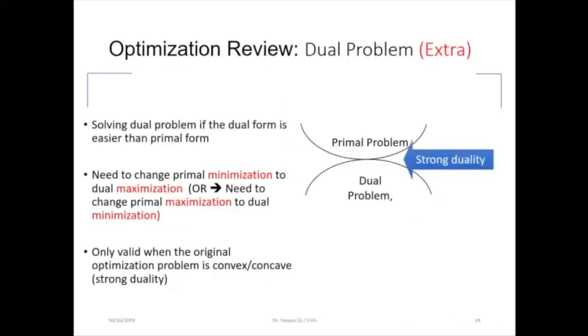This is exactly that. The primal and the dual, the best solution actually is the same solution. And you can prove it under strong duality.